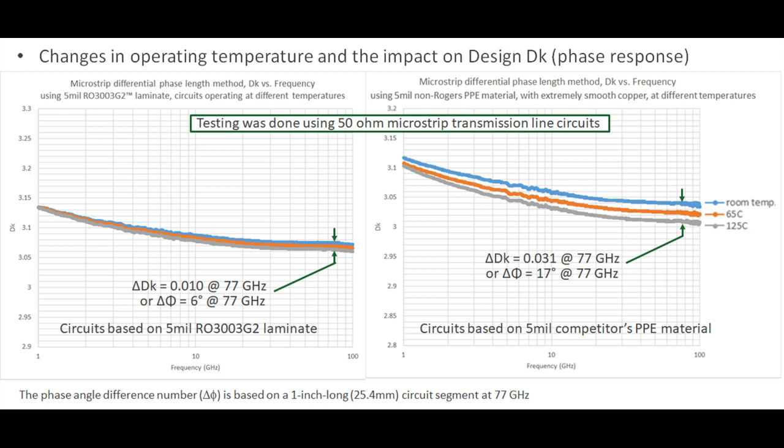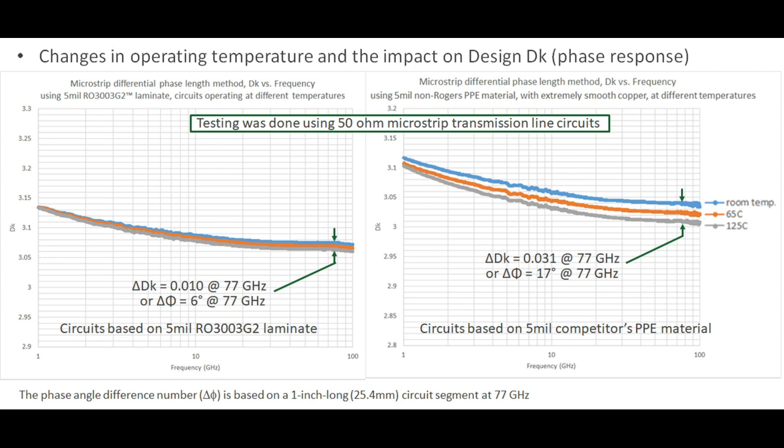The chart on the left is microstrip circuits using 5mm RO3003G2 laminate, and it has a very good TCDk. Here you can see at 77 gigahertz, the difference in dielectric constant due to heating from 25C to 125C is 0.01. So that's a pretty small change.